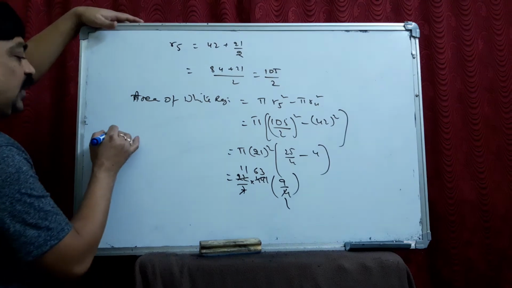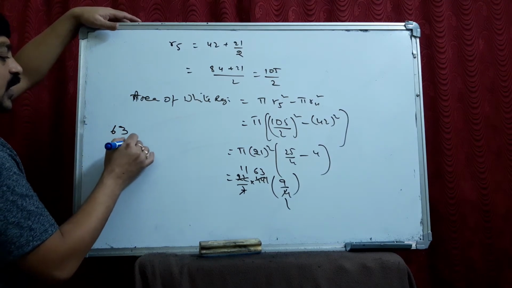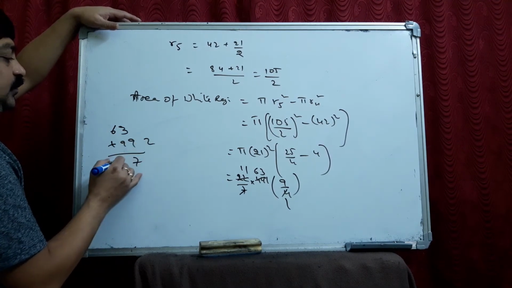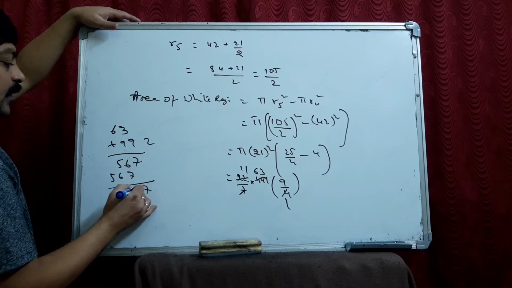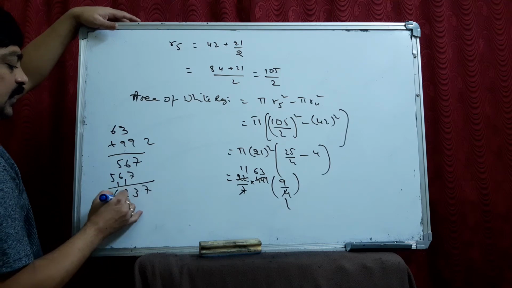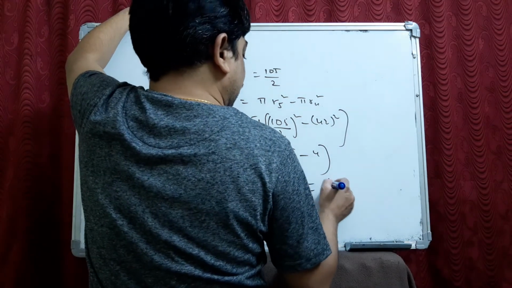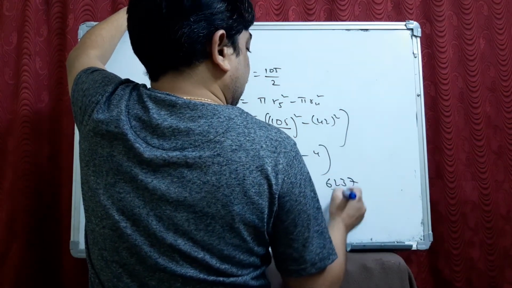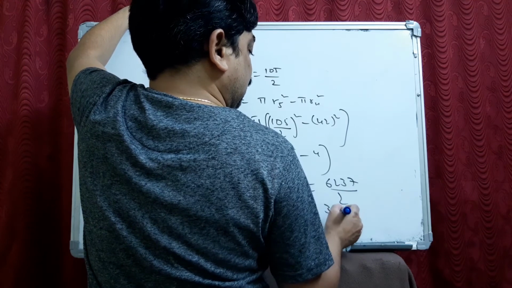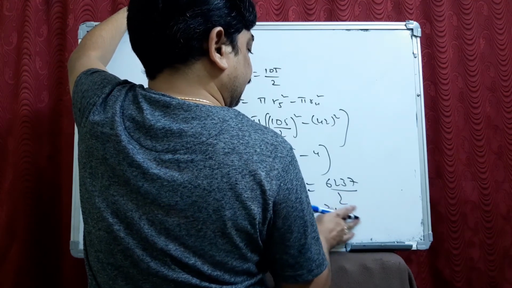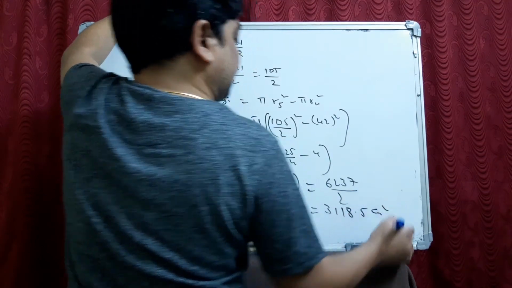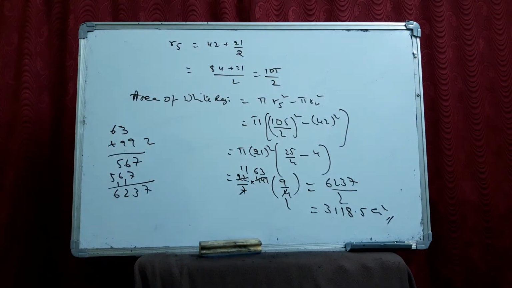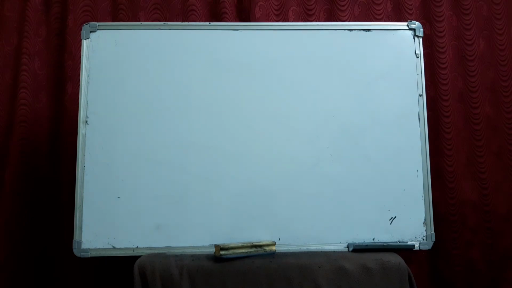So 63 into 99 by 2. 6237 by 2. That becomes 3118.5 centimeter square. Okay. Now look at the next question.